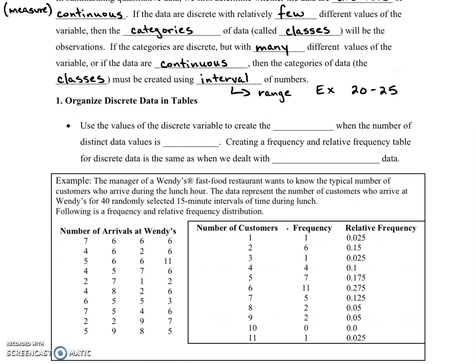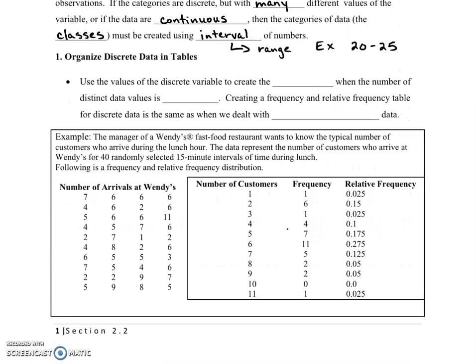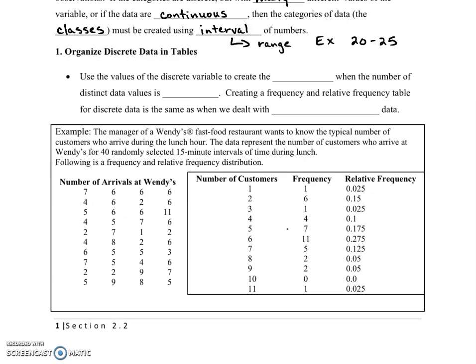So how do we organize discrete data in tables? Well, we can use the values of the discrete variable to create the classes when the number of distinct data values is small. And distinct means different.